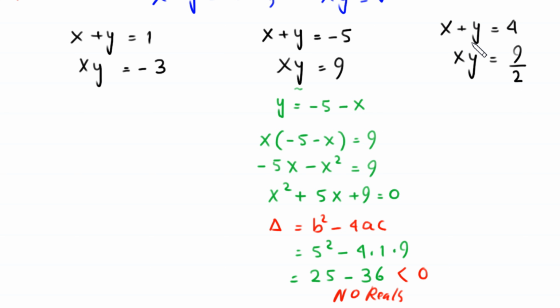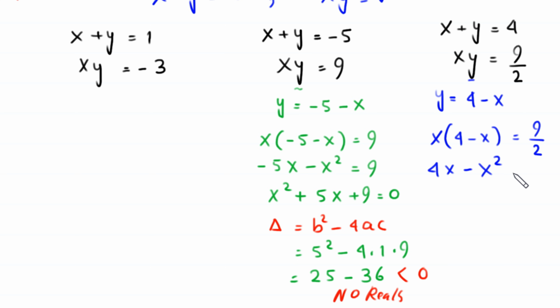From this system, if we move this x to the right hand side, this will become y is equal to 4 minus x. Replace this y with this 4 minus x, this second equation will become x times (4 minus x) equal to 9 over 2. Distribute this x times 4, 4x, x times negative x, negative x squared, equal to 9 over 2.